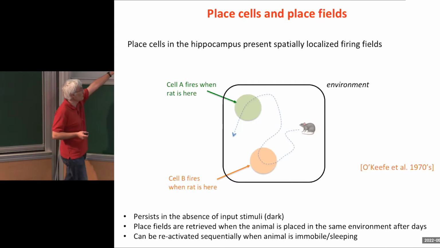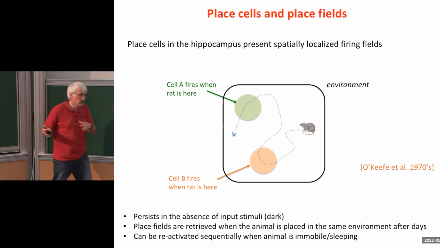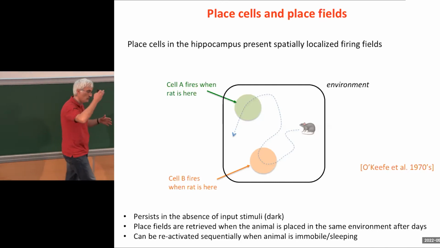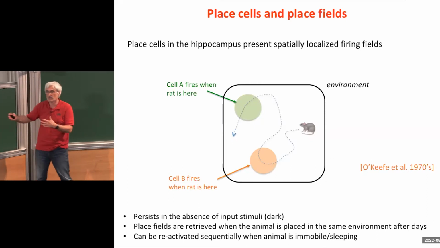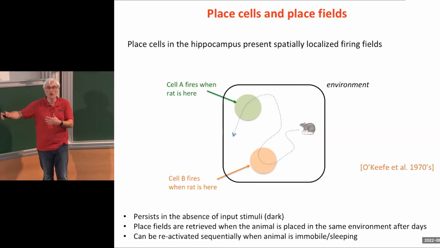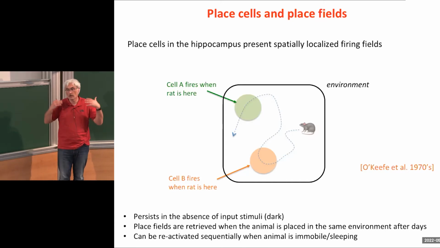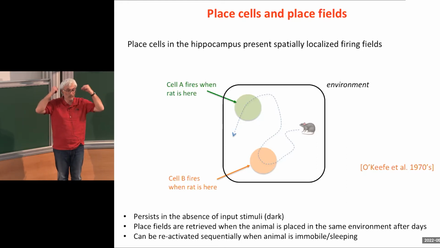And something which is very important is that as I'm moving in the environment, I have a sequence of place cells which are firing depending on my position, okay? This is related to the physical motion with timescales of the order of seconds or tenths of seconds. But if I am immobile and sleeping, for instance, I can reactivate the same sequence of place cells at timescales which are much, much faster.